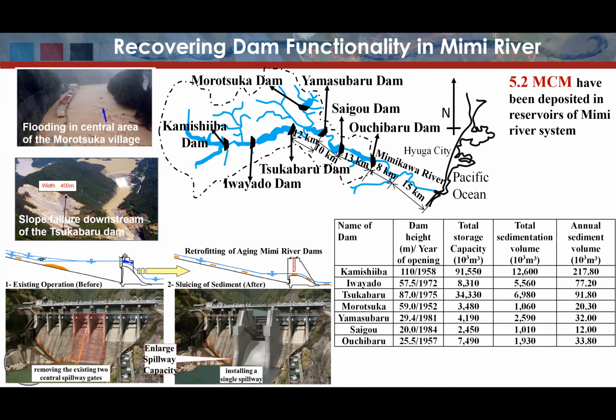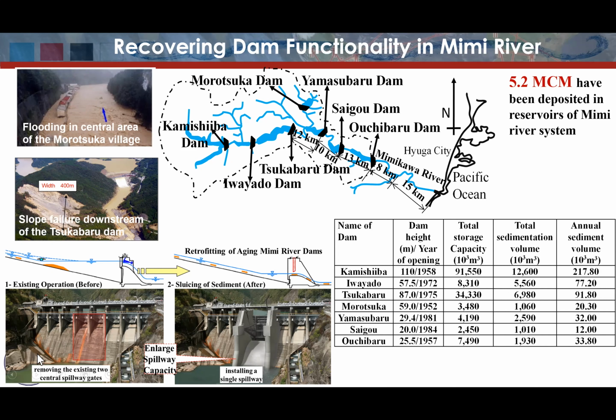This is another example from the Mimi River in Kyushu, in Miyazaki Prefecture. There are 7 dams where the Ministry of Land, Infrastructure, Transport and Tourism had a new policy in order to upgrade the dam functionality. What is this new policy?